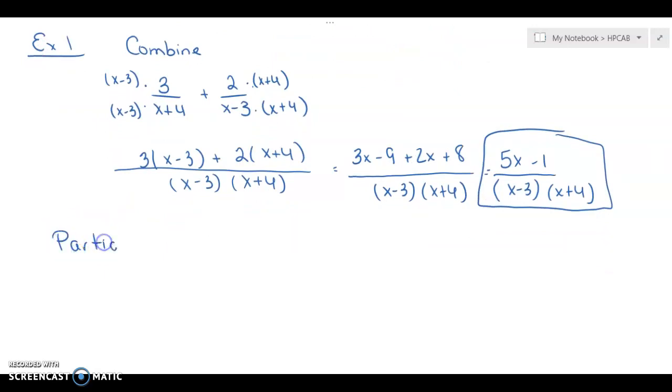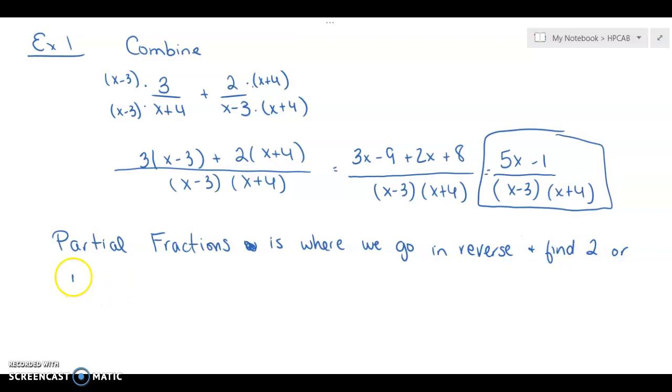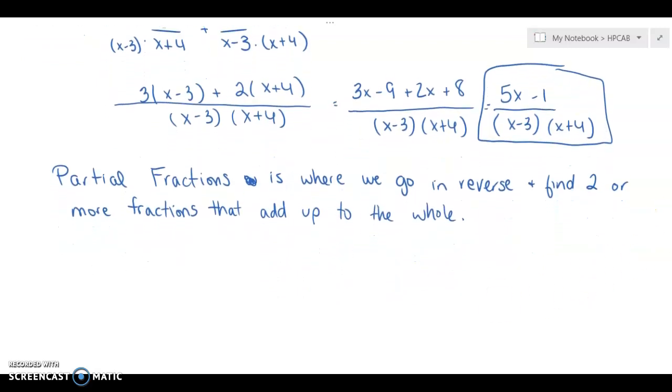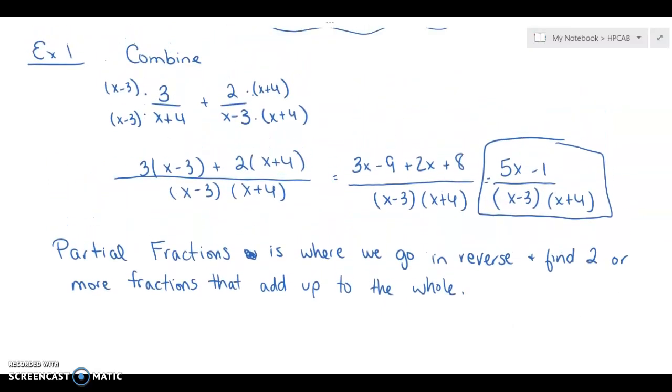Partial fractions is where we go in reverse and find two or more fractions that add up to the whole. So I'll show you how that's going to work, but essentially we're going to start with a single fraction, and then we're going to break it up into the sum of two or more fractions.